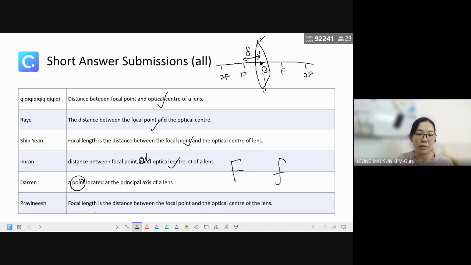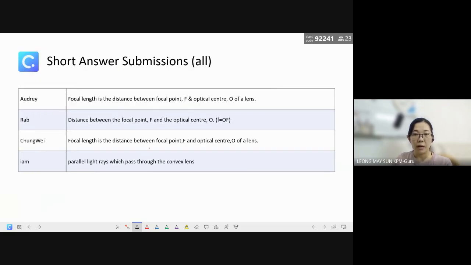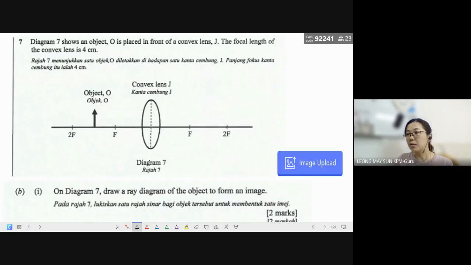So the distance between the focal point and the optical center, good. Okay, so that is the focal length.